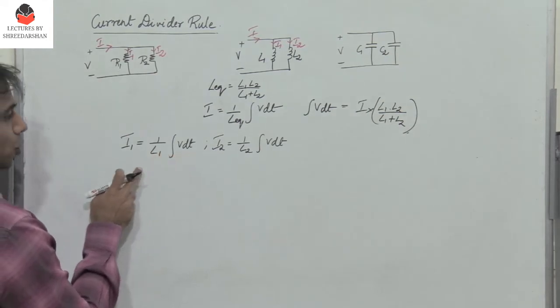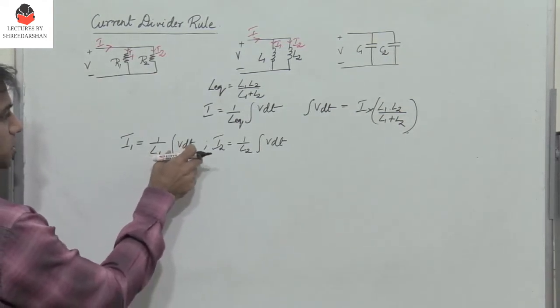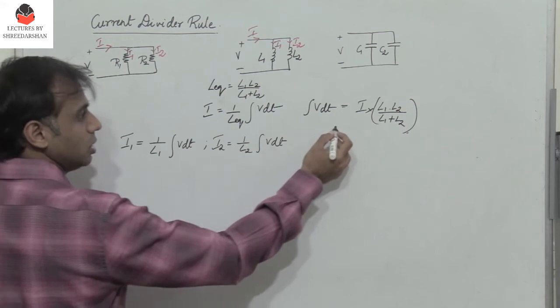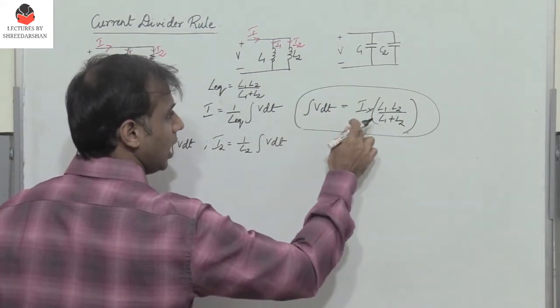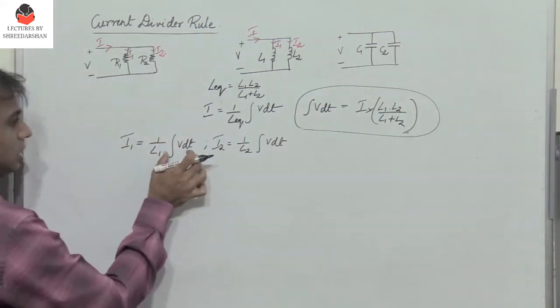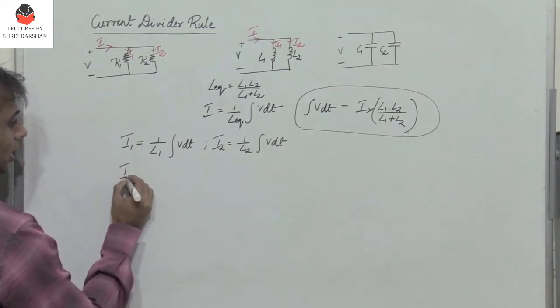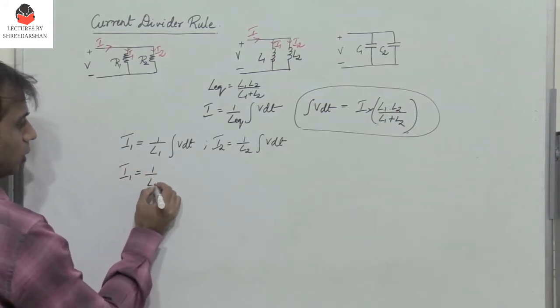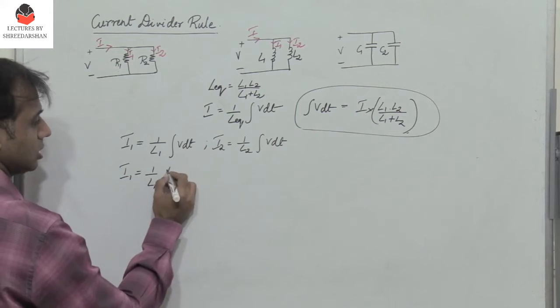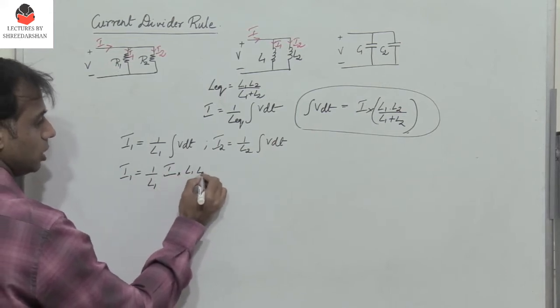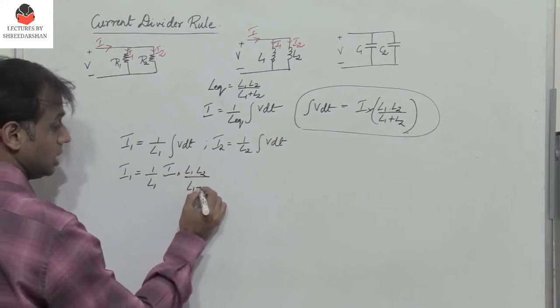Alright, so let me substitute integral V dt equal to I into L equivalent in these two expressions. So I1 equals 1 by L1, and what is integral V dt? It is the total current into the equivalent inductance.